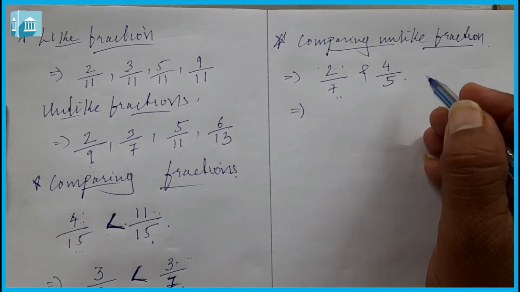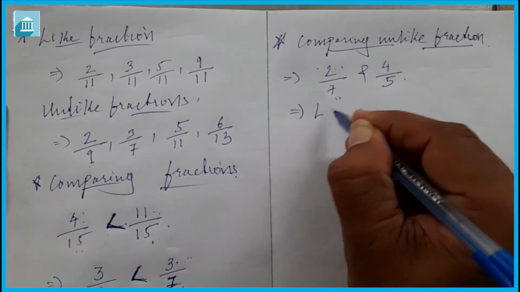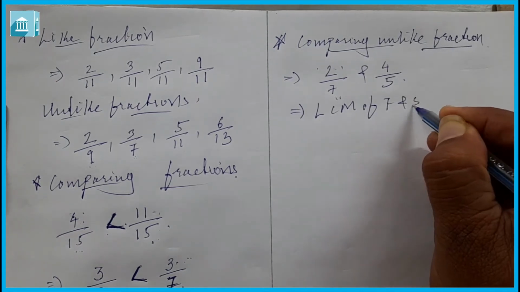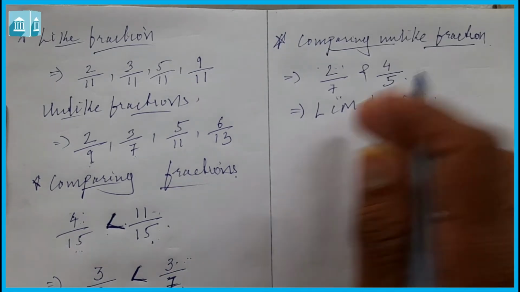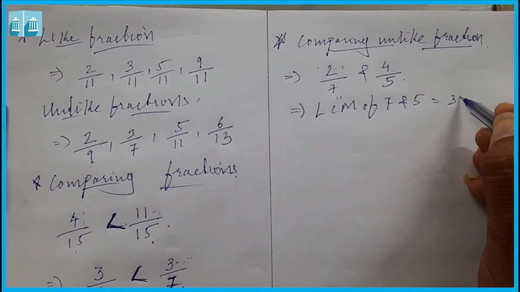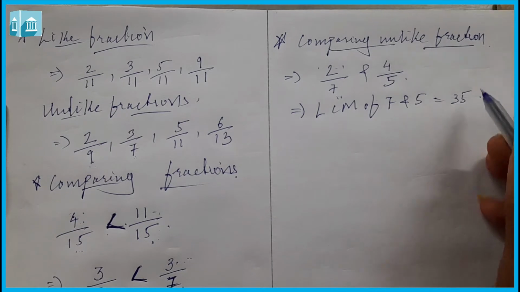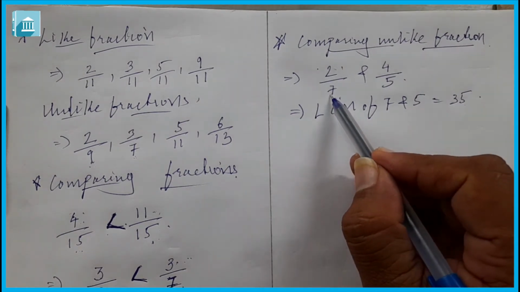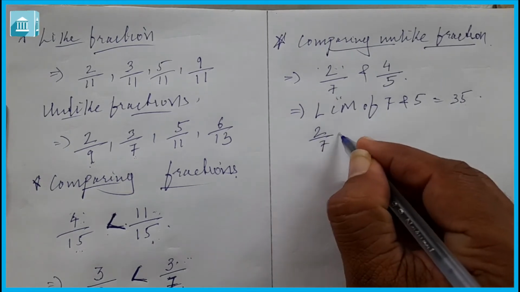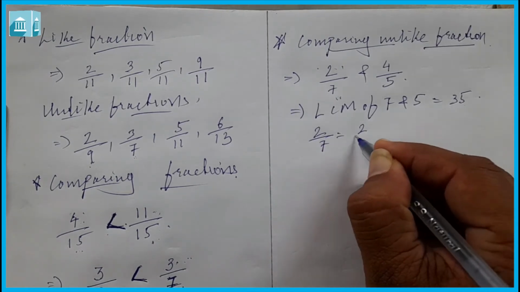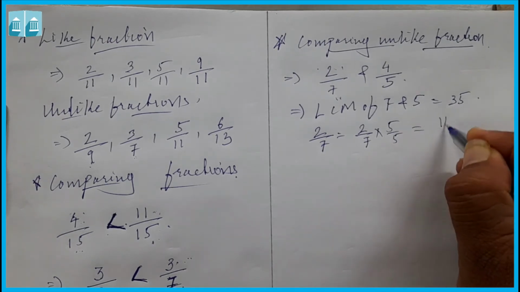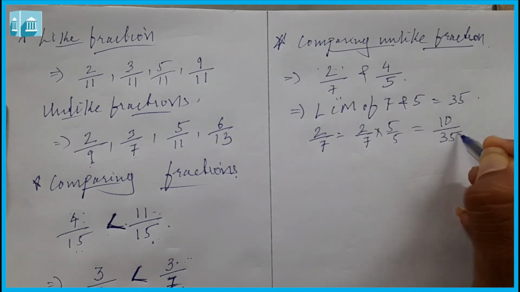So in this case, first we need to find the LCM of 7 and 5. The LCM of 7 and 5 is equal to 35. Now this 35 is a common denominator for both 7 as well as 5. So 2 by 7 is equal to 2 by 7 into 5 upon 5, which is equal to 10 upon 35.